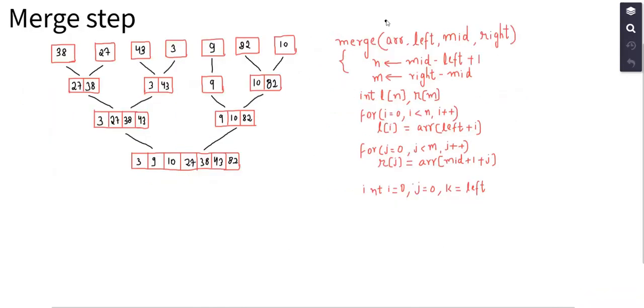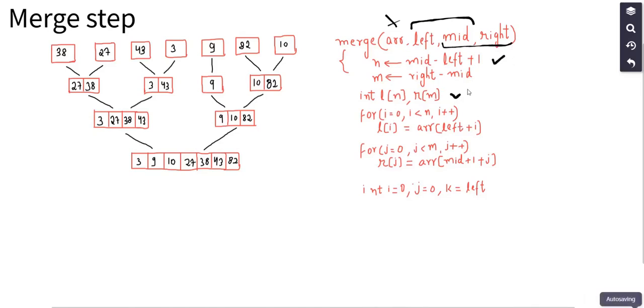It is taking in the input array, the left index, the starting index of the array, the middle index where we have parted this array, and the ending index of this array. Then we find the length of the first sequence, that is the array starting from left ending at mid, and we find the length of the second sequence, that is from mid to right.